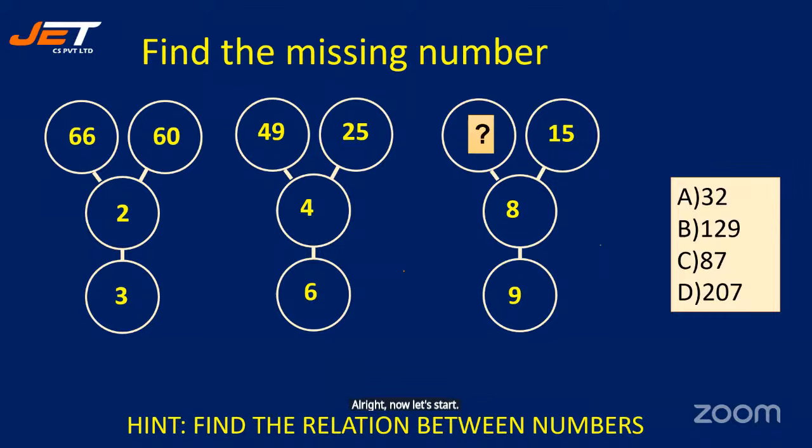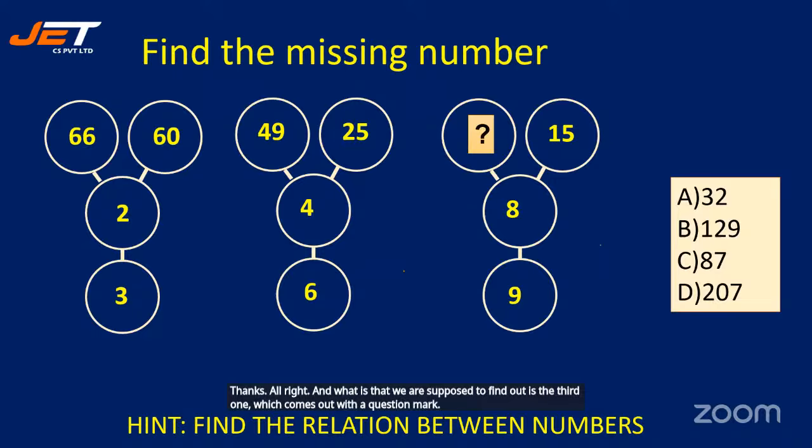The first question here goes, find the missing number. All right, so here we have 3 sets. In the first one, we have 66, 60. Then below that, we have 2, 3. And in the second one, we have 49, 25. Below that, we have 4, 6. And what we are supposed to find out is the third one, which comes out with a question mark.